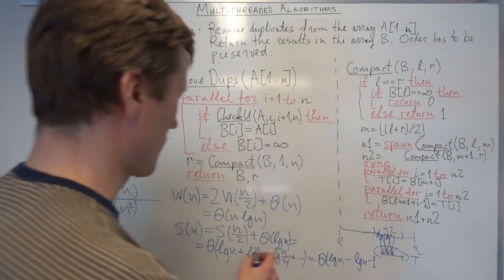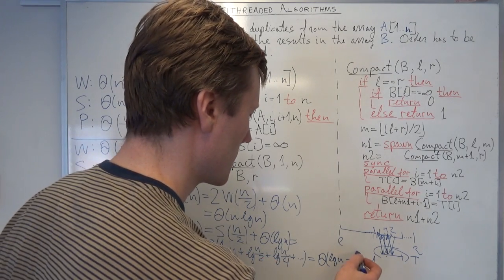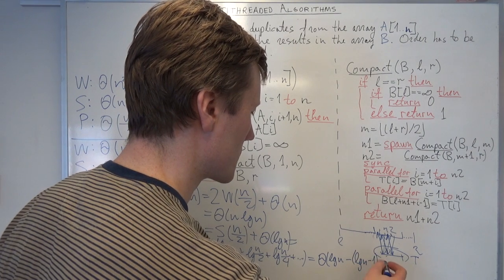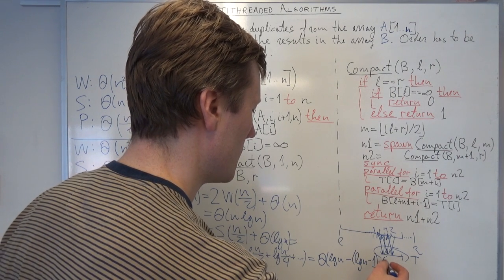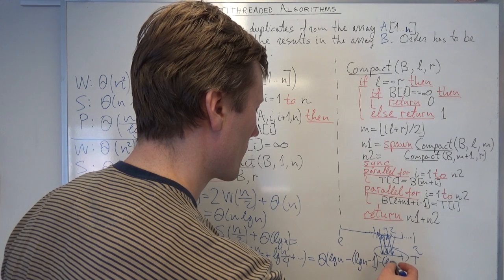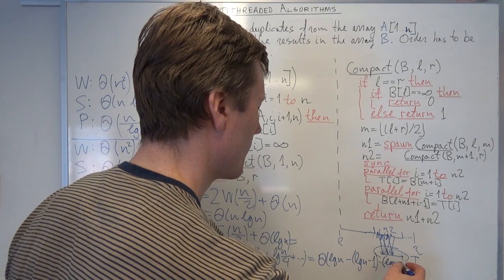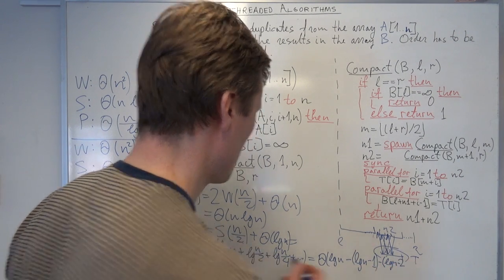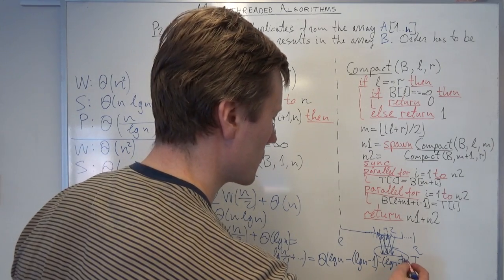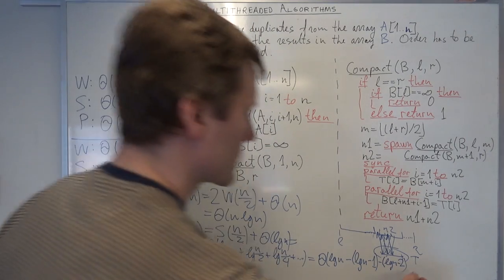If we assume the log of base 2, we change this ratio into this difference. 4 becomes log n minus 2, and so on.